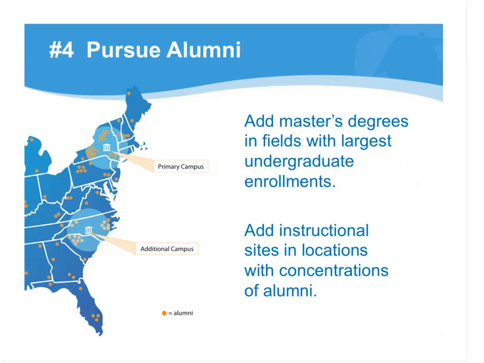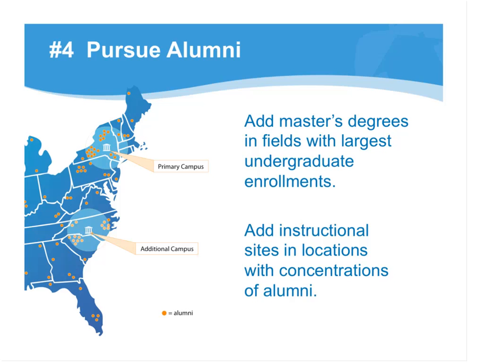So number 4, again, gets a little bit more difficult to do. But think about where your alumni are in 2 places: where they are degree-wise, content-wise, and where they are physically.